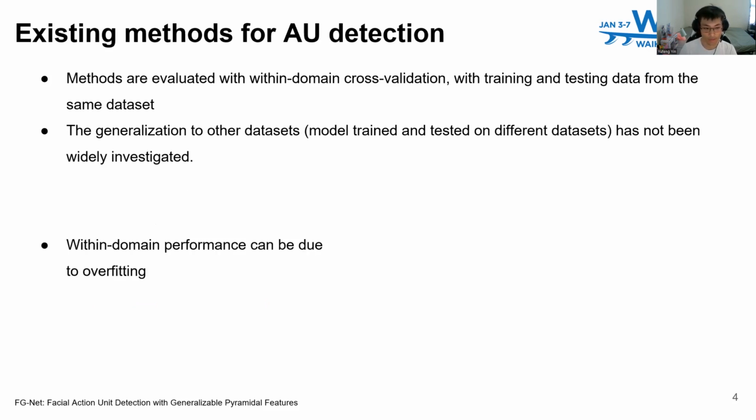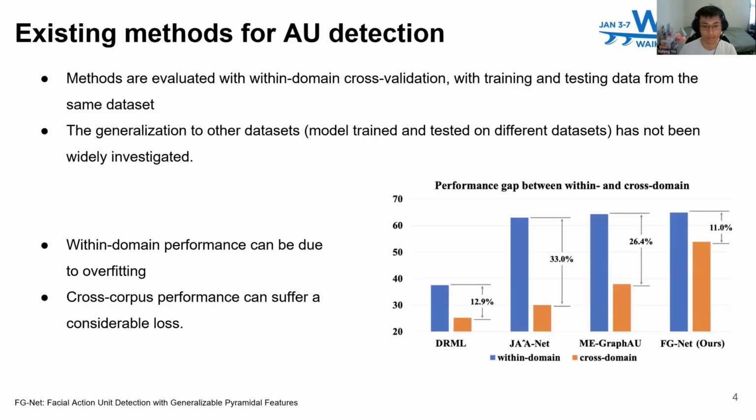In fact, promising within-domain performance can be due to overfitting, and therefore cross-corpus performance can suffer a considerable loss. As you can see in the figures on the right, there is a huge performance gap between the within-domain and the cross-domain action unit detection.